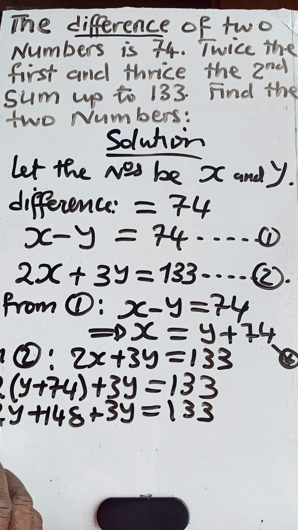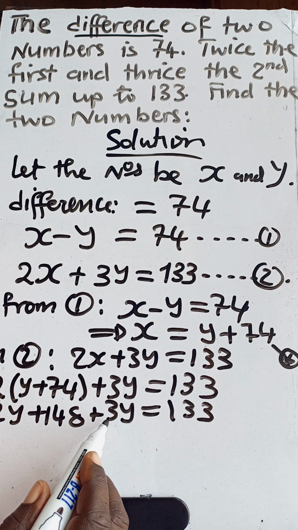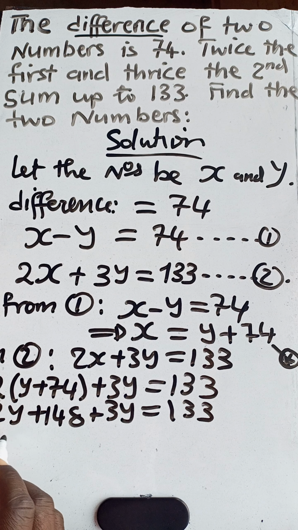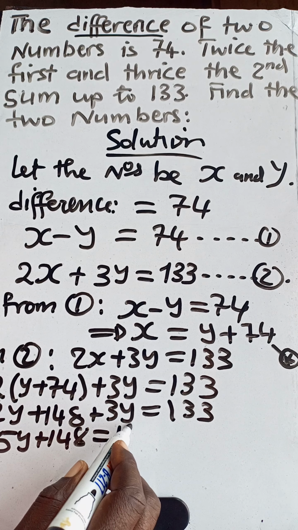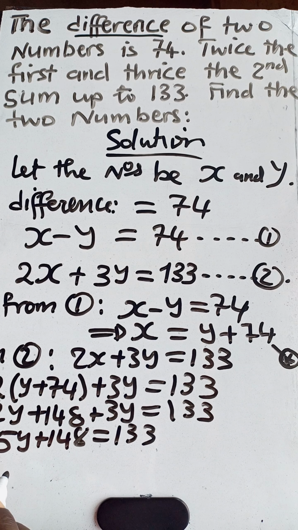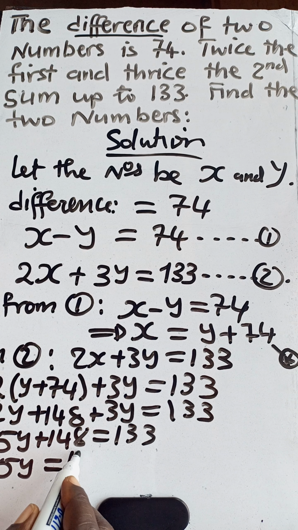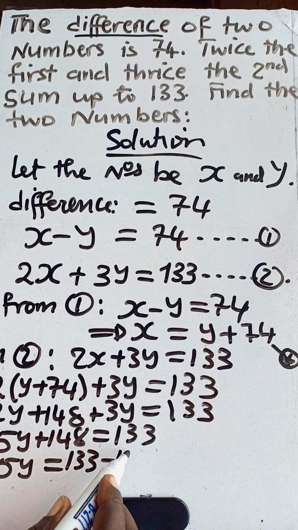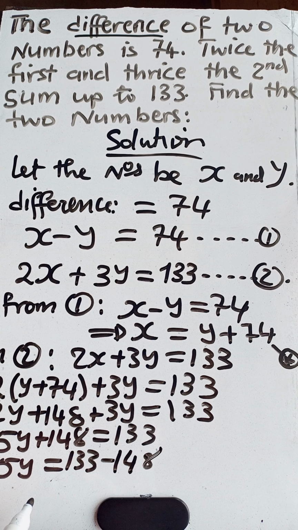Okay, we have 2y plus 3y. Since they are like terms, we get 5y plus 148 is equal to 133. Now we subtract 148 from both sides. We're left with 5y is equal to 133 minus 148.